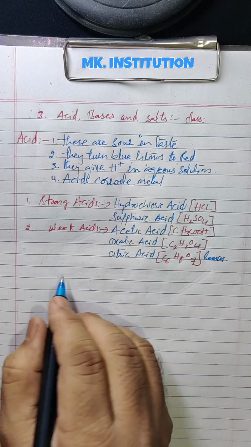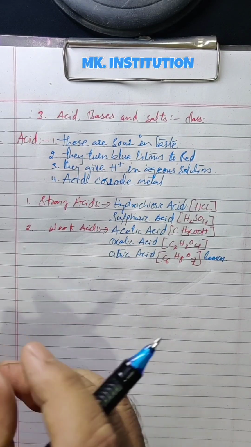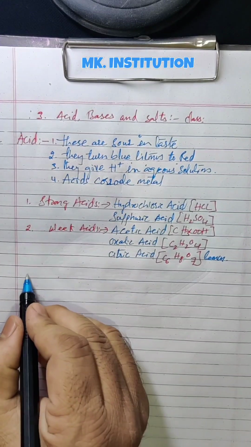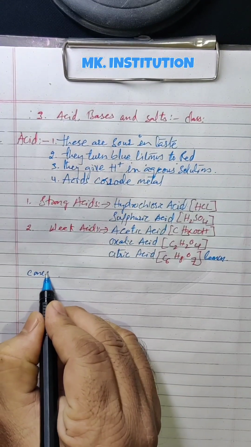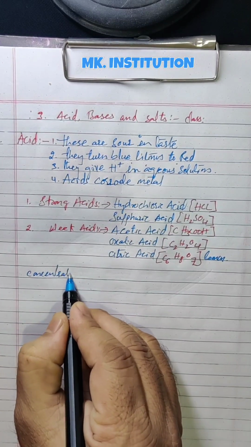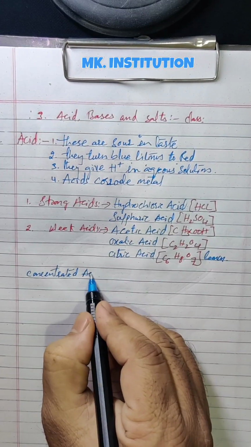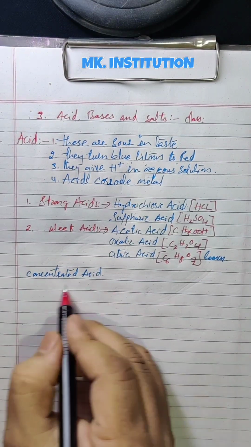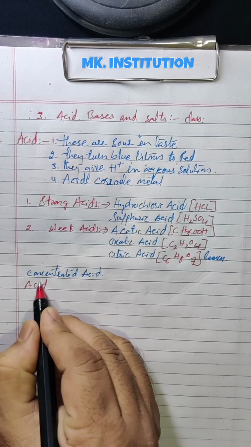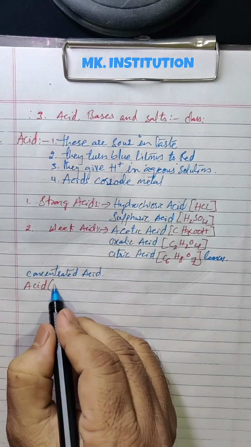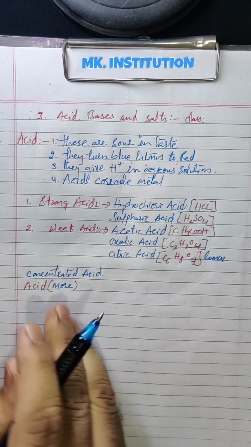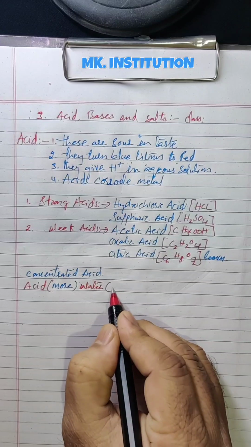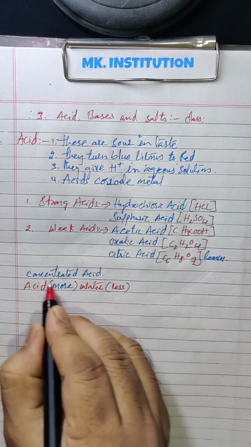Now, what is concentrated acid? In some problems or topics they will give concentrated acid and dilute acid. In concentrated acid, the quantity of acid will be more, but water will be less. This is called the concentrated one.